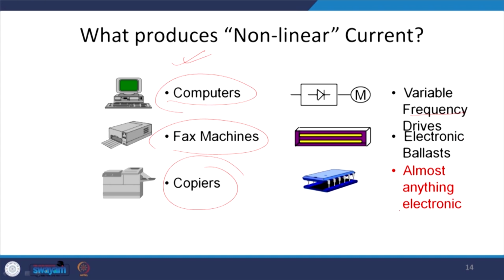Almost any electronic component generally requires a regulated DC supply, and thus you need to convert AC to DC, and you inject high harmonics.